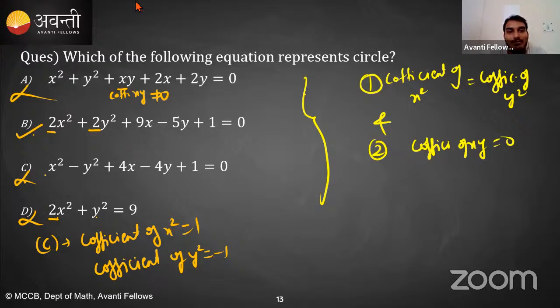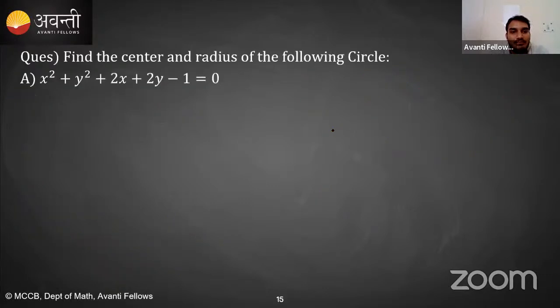That's why I have added 'and', not 'or'. Many people get confused that either condition 1 or condition 2 is enough. No, both conditions should be satisfied so that it can become a circle. Is this clear?